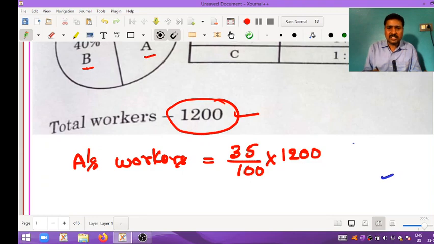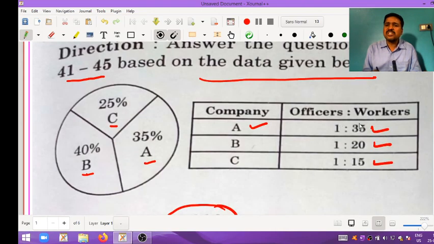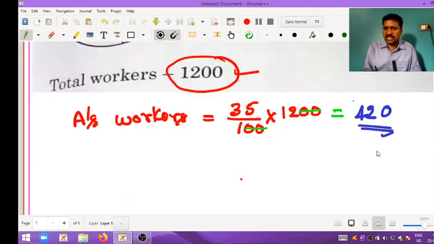Cancelling, two zeros get cancelled, next 35 into 12: 12 5s are 60, 12 3s are 36, plus 6 is 42. So in company A there are 420 workers.